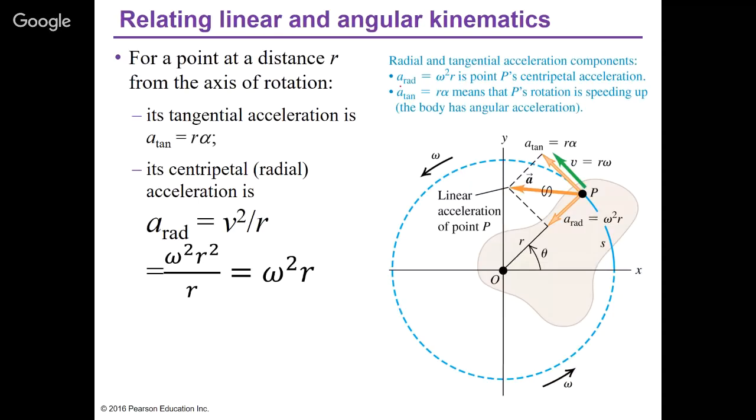One component would be the tangential acceleration. That would basically be the radius times the angular acceleration alpha. That would be the tangential acceleration for this point P.